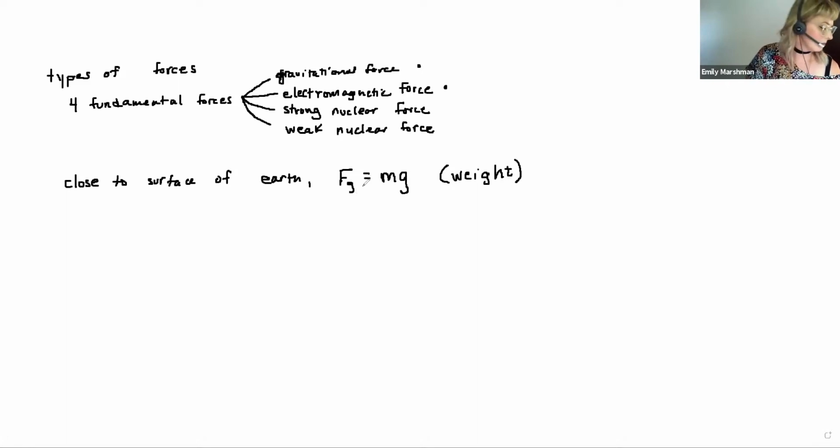In the book, they call the force of gravity acting on the object equal to W. It's the same thing. So weight is a force. It has units of force, which would be newtons.